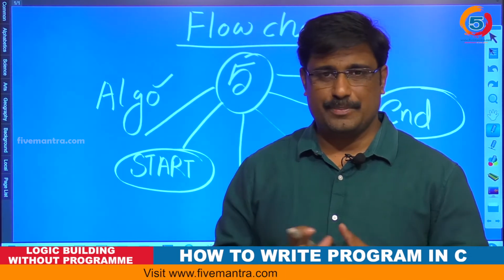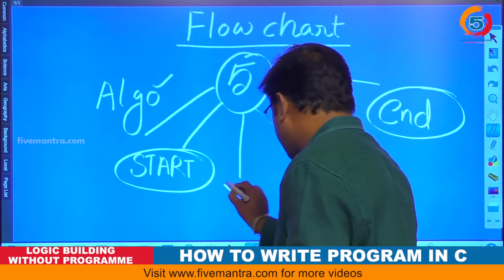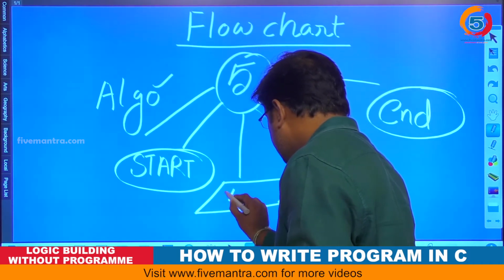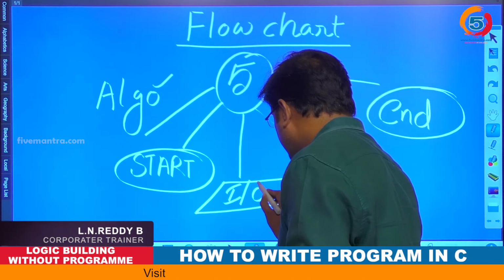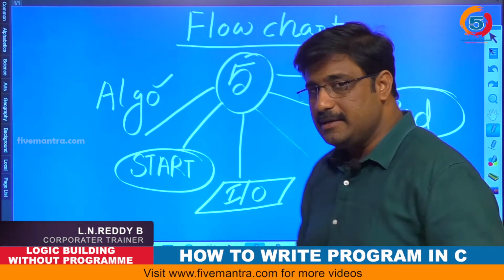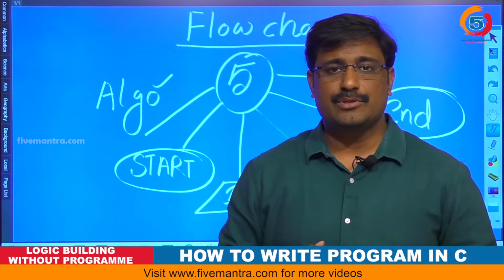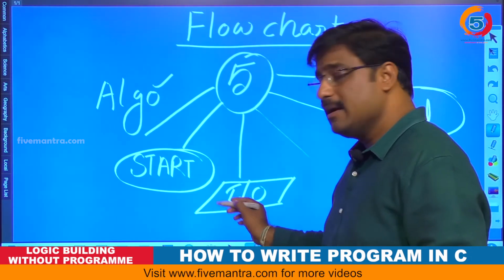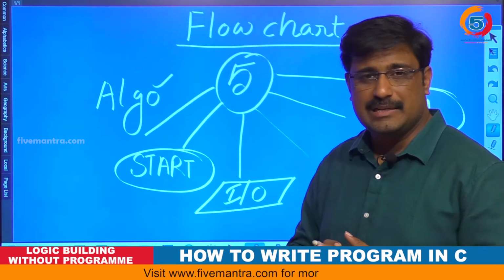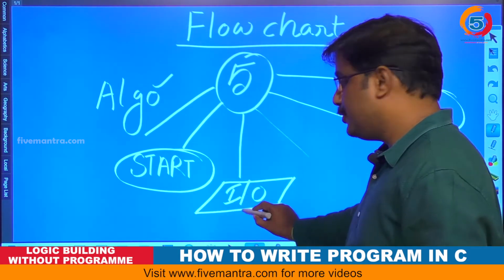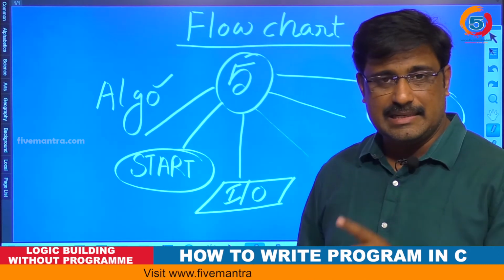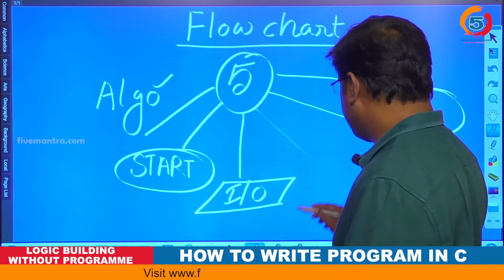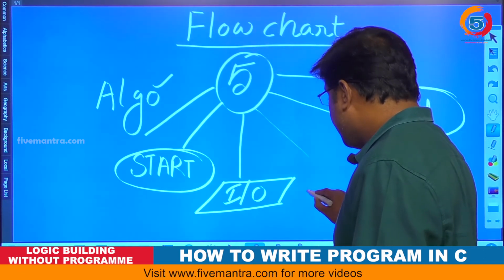This is represented with the help of this symbol, used for input and output operations, like printing, getting data from the user and giving data to the user. It is very simple, right? How many symbols do we have so far? Two: one is start and end, another is input and output.